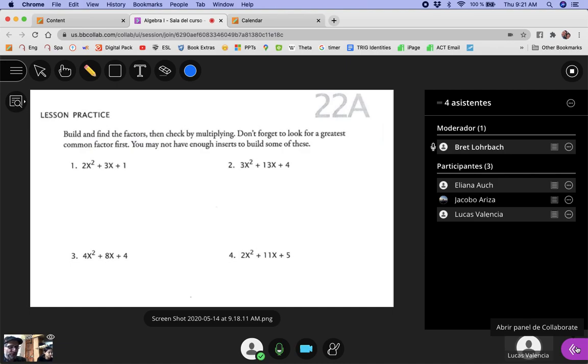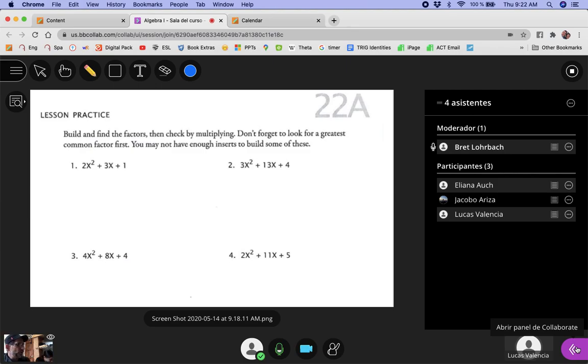This is interesting. And again, if you got in the habit that I wanted you to get into in the last lesson, in lesson 21, then this will be a little bit easier. Okay, so let's go through these, but we're going to do the same as we did in lesson 21.